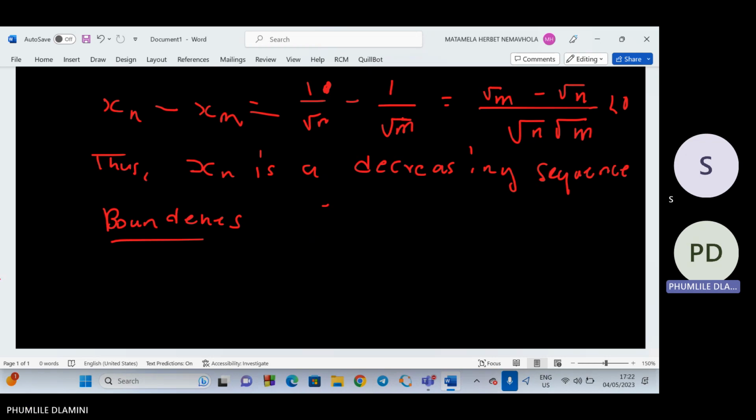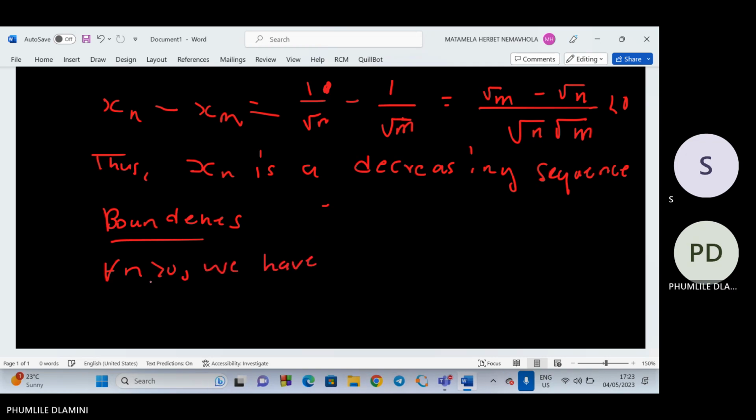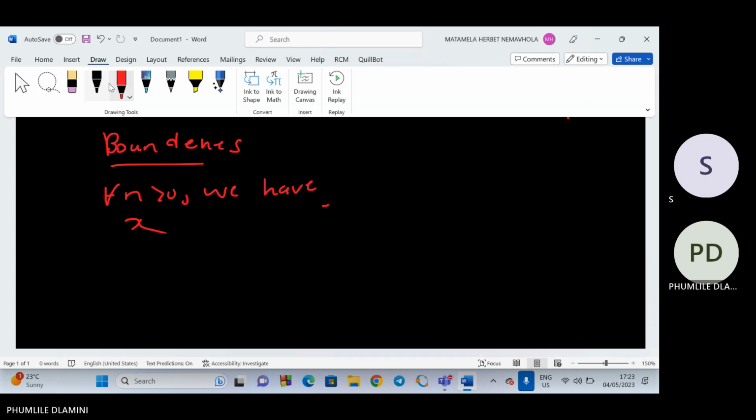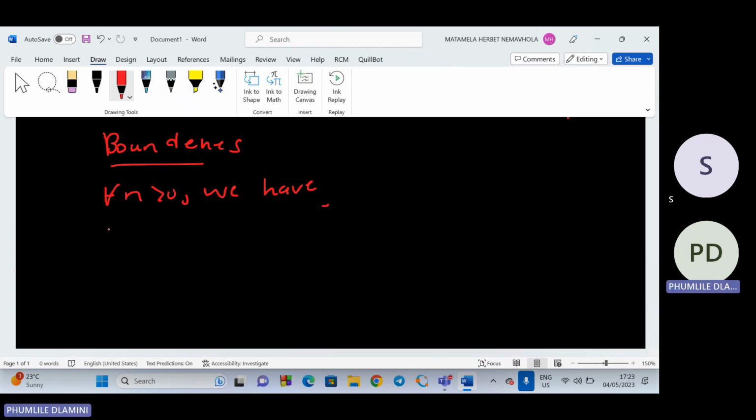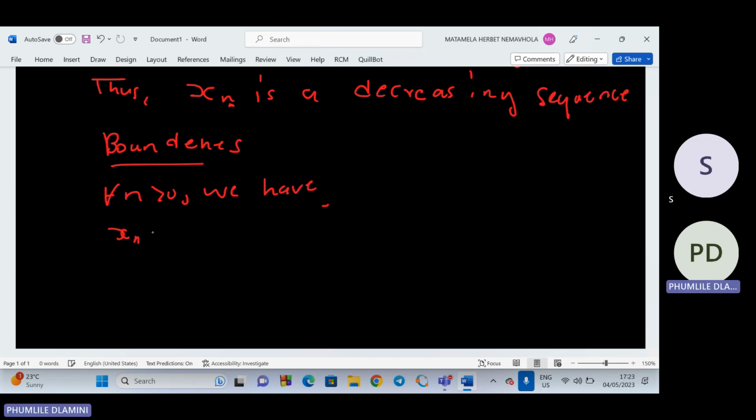So for all n that is greater than 0, the n we're talking about, remember, is this n here, we have xn, which is equal to 1 over square root of n, which is less than or equal to, we can substitute, because remember, we are working with real numbers.